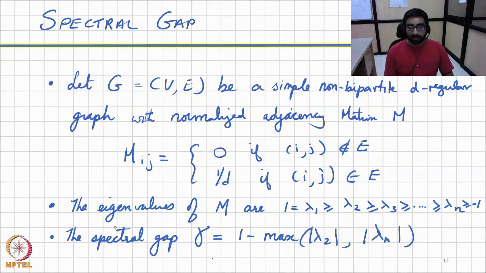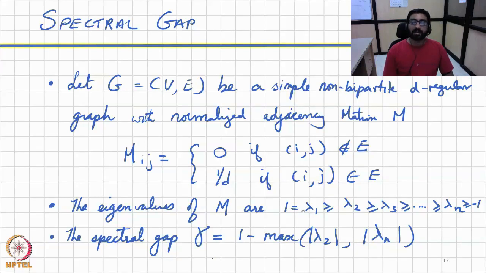Now let us consider the eigenvalues of this matrix M. This being a symmetric matrix with rows adding up to 1, what we're going to have is eigenvalues ranging from 1 to -1.